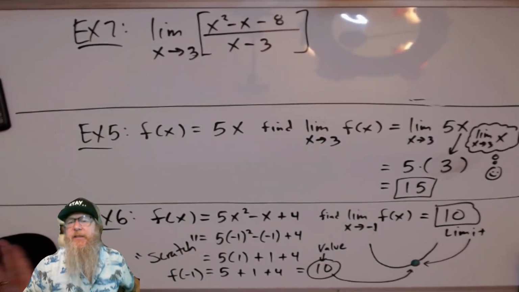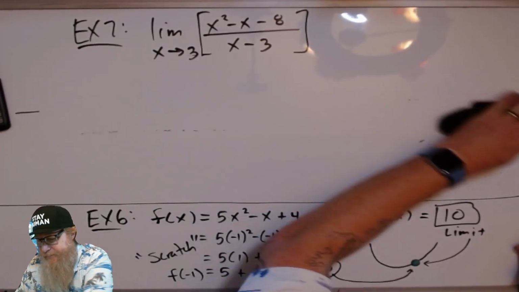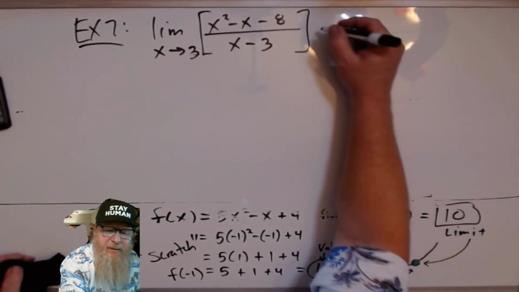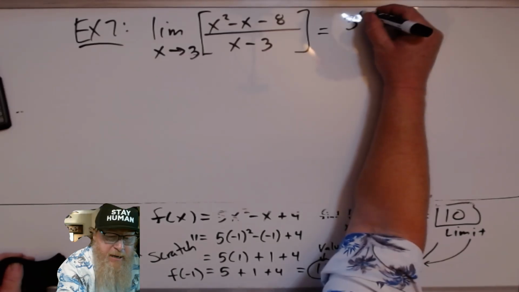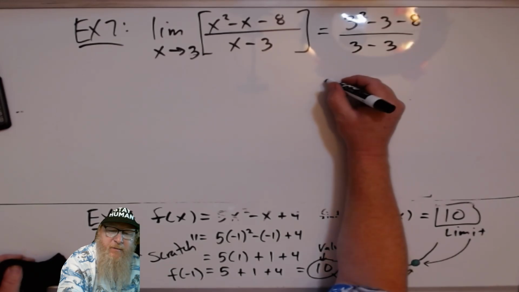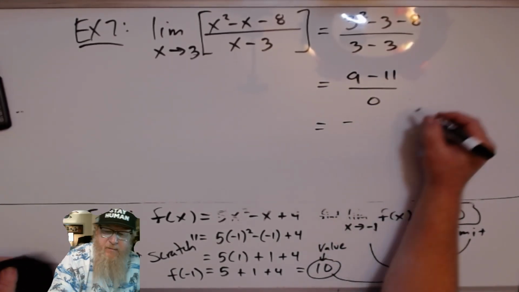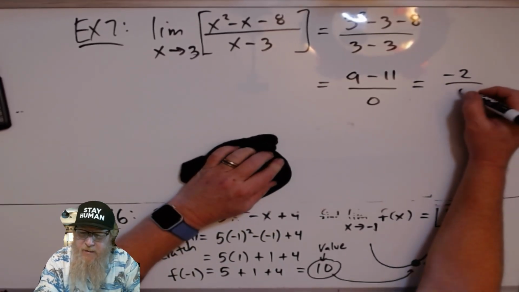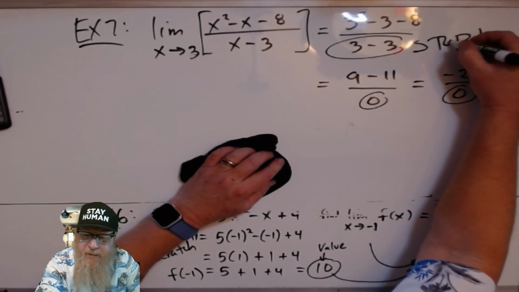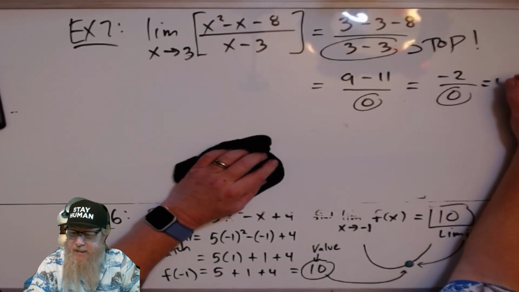I'm just not using the f notation. Well, again, you can directly substitute 3 in. As soon as you see 0 on the bottom, stop. You really don't have to continue working out the top. You're going to get DNE.